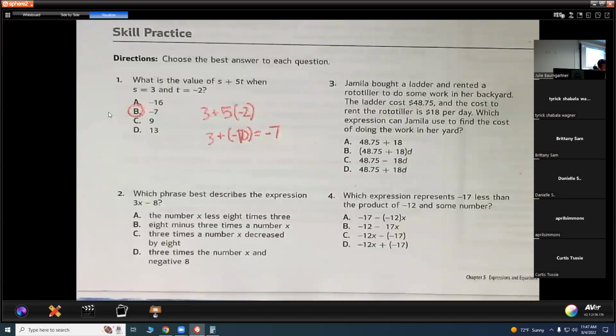D, 3 times the number x and -8. Did anyone choose anything other than B? C. C, okay. So, good, thank you. Okay, so April and Melissa are feeling it's C.